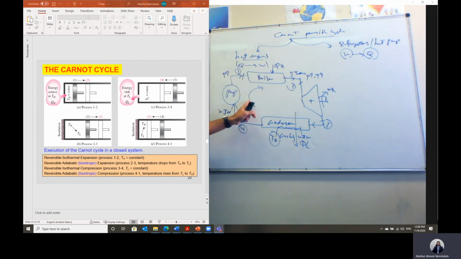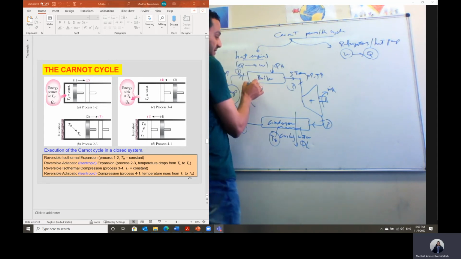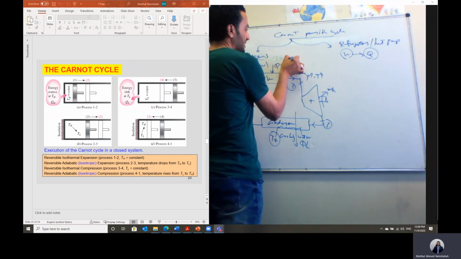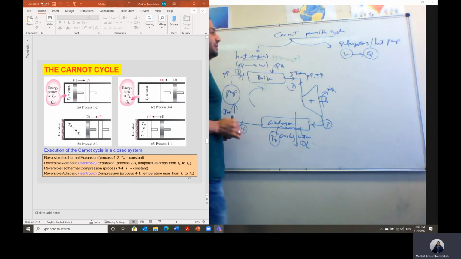So let's assume we are applying the Carnot cycle on this heat engine. Let's look at the process from 1 to 2, which is a heat addition process. We said the only way to have a reversible heat addition process from state 1 to state 2 is that this heat should be added under constant temperature.